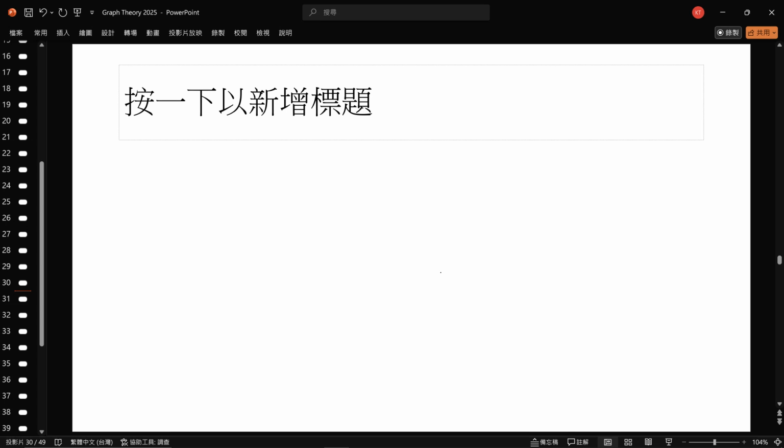If m is at least n minus 1, or the total degree is at least twice the number of vertices minus 1, then there's a cycle in G. Okay.